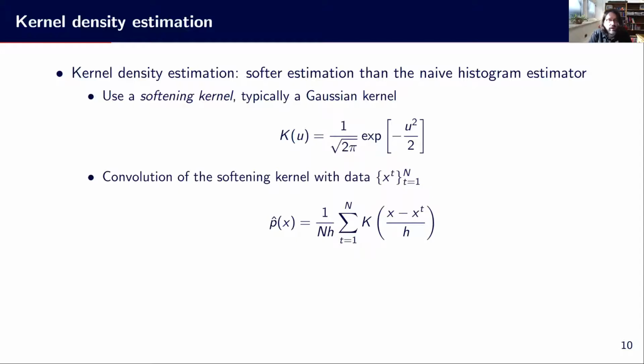So what we are doing here is making a convolution of the softening kernel over the data set that we have of n samples. This convolution gives us an estimation of the density, for example, at x.